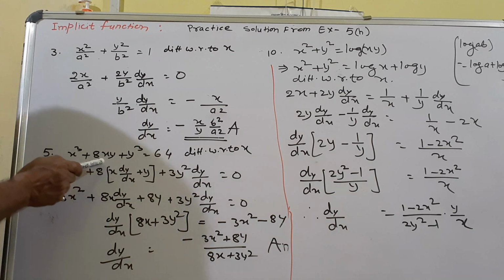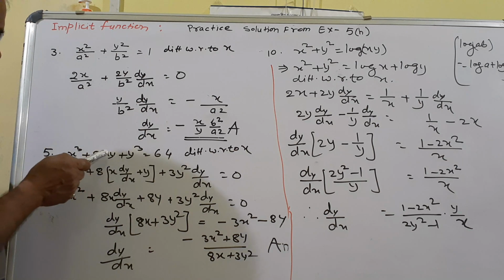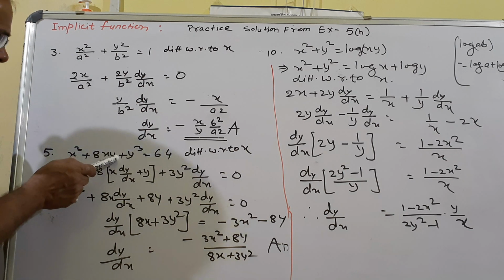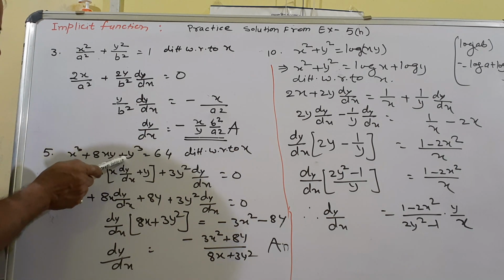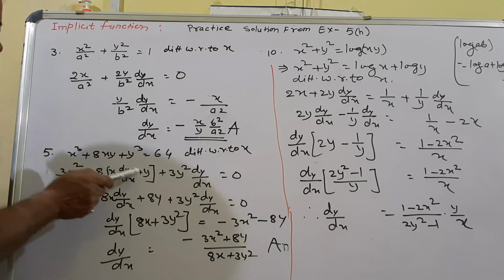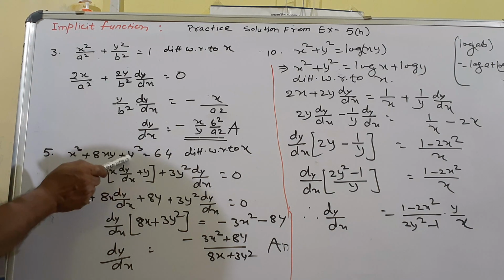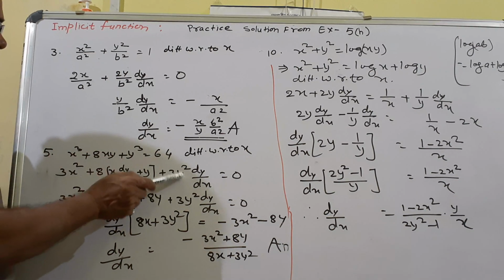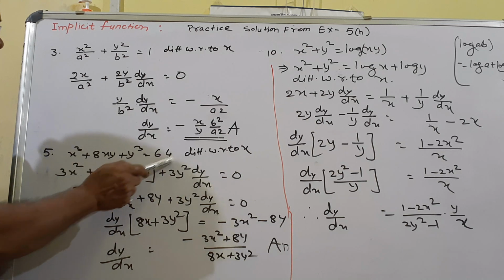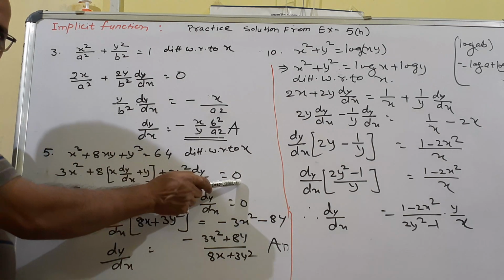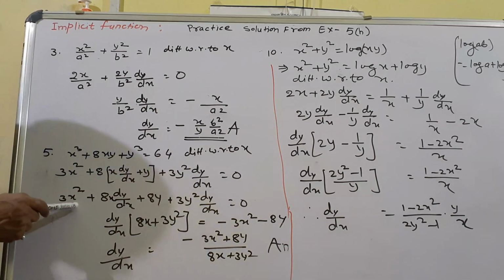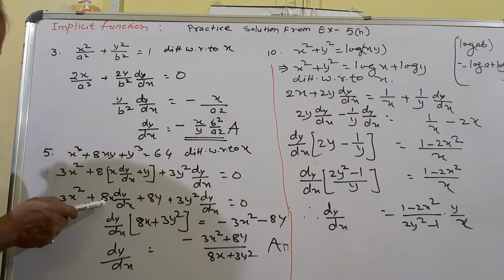Again we go to the product rule: x constant, derivative of y is dy by dx, plus y constant, derivative of x is 1. So x dy by dx plus y, with 8 common outside, plus the derivative of y cube, 3y squared dy by dx, is equal to the derivative of the constant, 0.